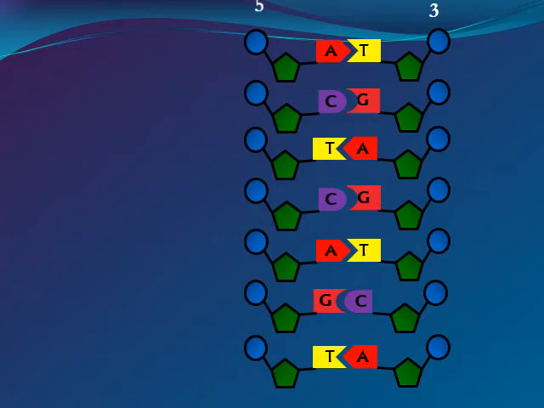The total amount of the purines, adenine and guanine, equals the total amount of the pyrimidines. The base pairing is very specific, which makes the two strands complementary to each other, and the individual nucleotides in each strand are linked covalently between the phosphate group of the nucleotide and the deoxyribose sugar of the next nucleotide.